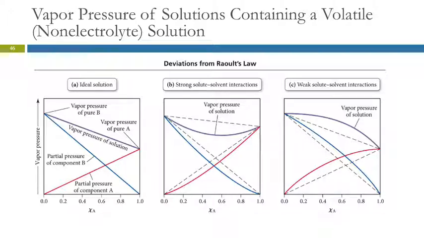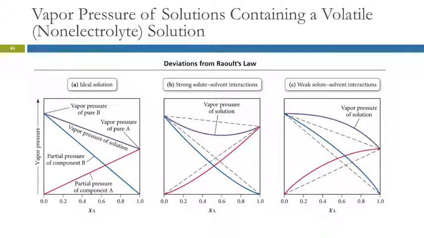But if we think of, say, ethanol and water, both have hydrogen bonding as their strongest intermolecular force, and so they're going to like each other a lot. And so I would expect that because of those strong interactions between ethanol, the solute, and water, the solvent, the vapor pressure would be lower than we expect.